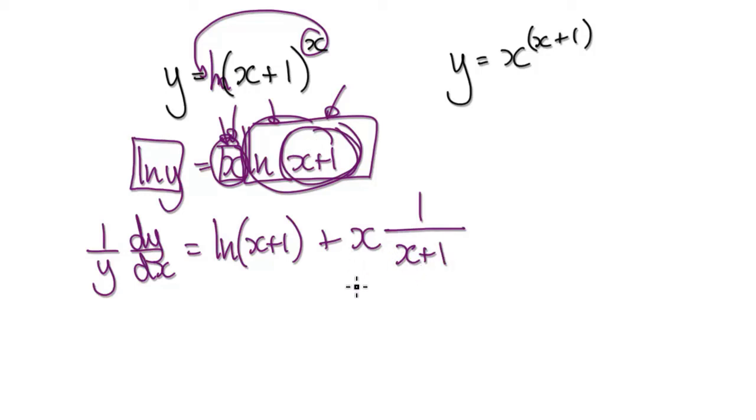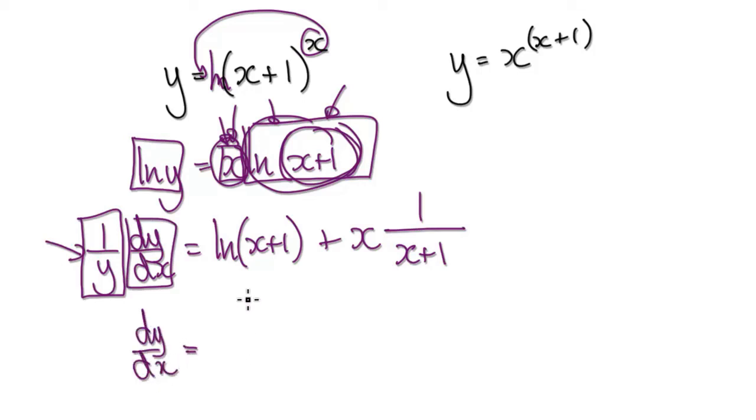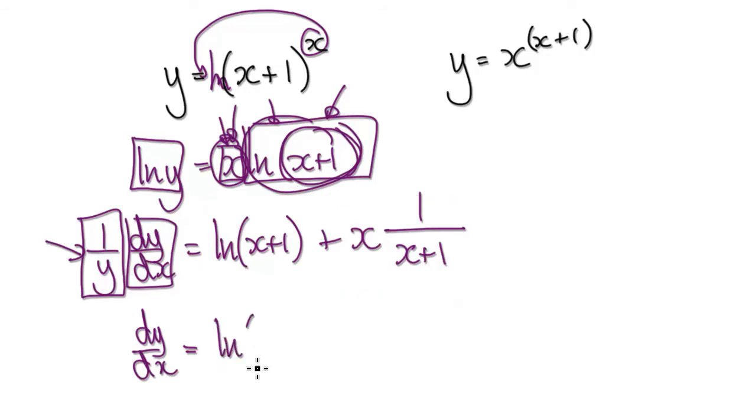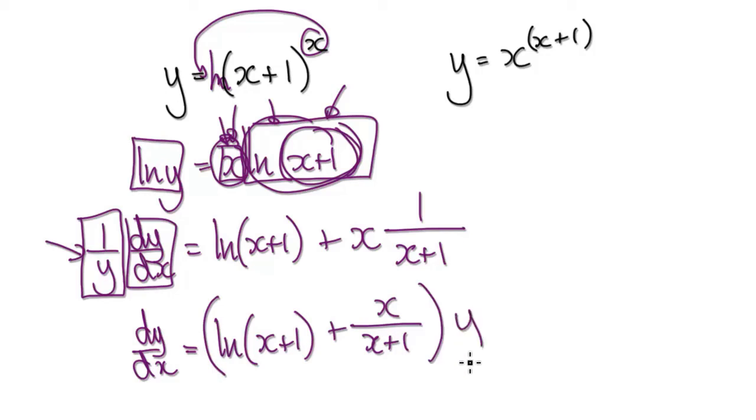So now somehow get dy by dx on its own. So when you get to this stage here, times both sides by y. So that would be dy by dx equals this whole thing times y. So that would be this thing here, natural log of (x plus 1) plus x over x plus 1, all times by y.